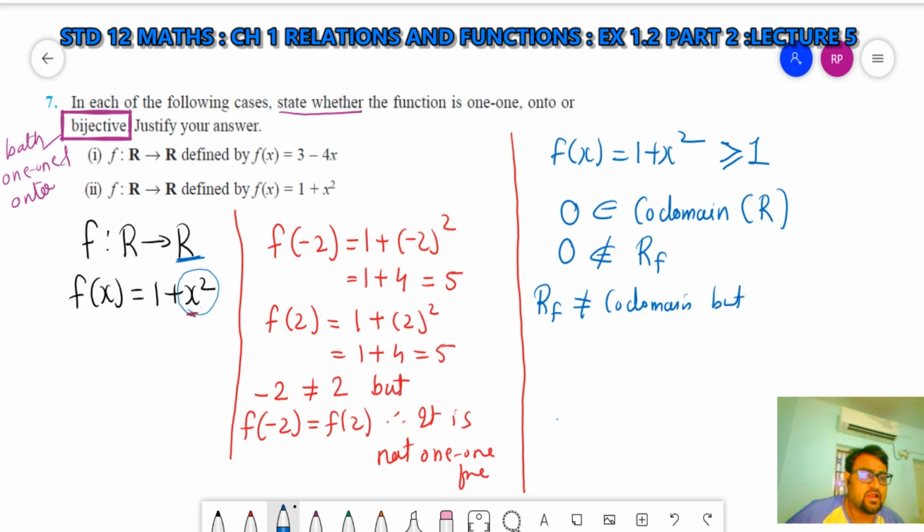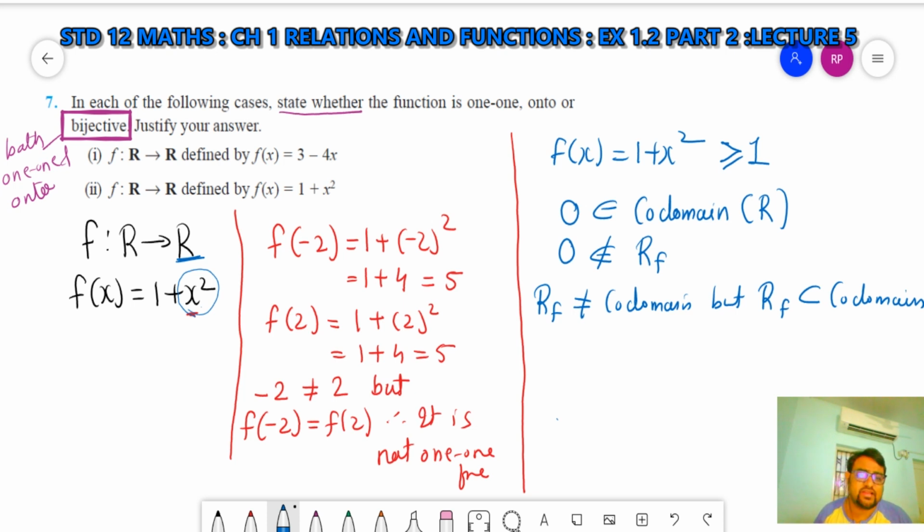Let me write it down this time. Range of the function is a subset of the codomain. All the elements of the range are there in the codomain, but all the elements of the codomain are not in the range because 0 belongs to the codomain. So there is no element in the domain such that f(x) will be equal to 0.